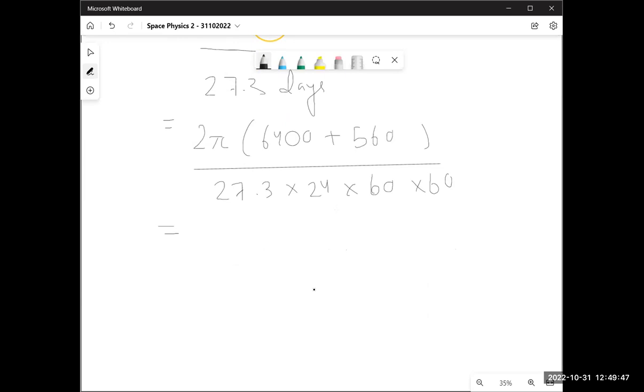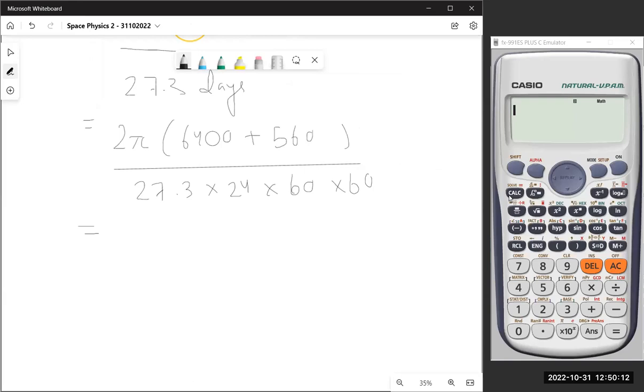Sir, so 2 pi plus 2 pi into 6960. All right, just a second. I'm just calculating. Can you see the calculator on the screen? Yeah. Now let's use it. 2 pi.